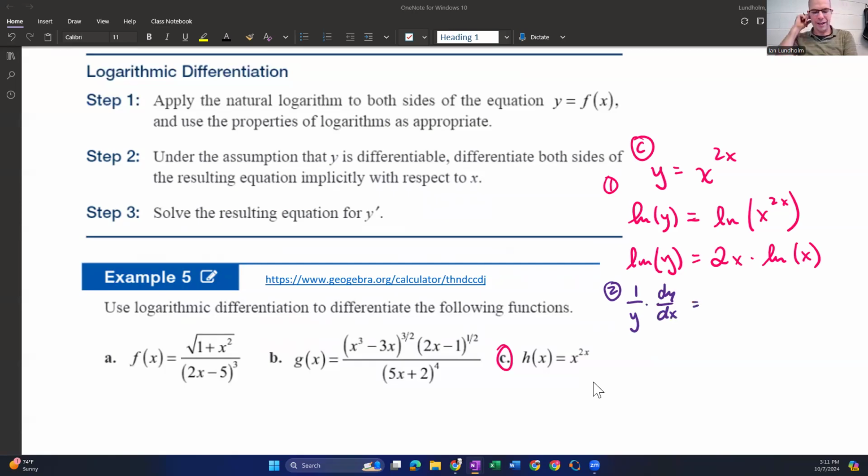So that's taking it implicitly on the left-hand side. On the right-hand side, we've got a product rule. So we would have 2 ln of x plus 2x times 1 over x as a product rule there.